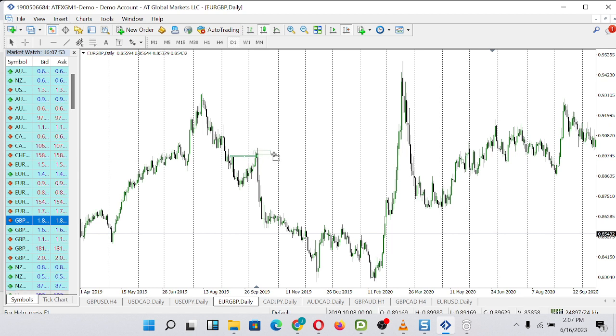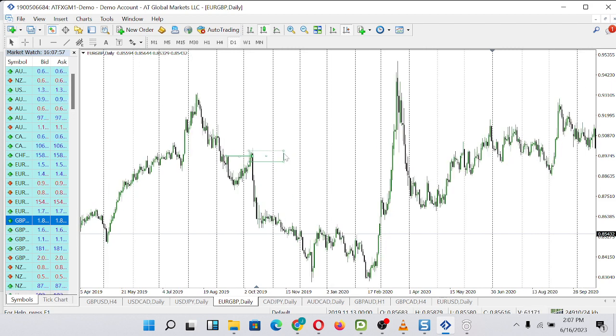Engulfed this candle, the green candle, right? It engulfed this candle, and it broke our structure here, okay?